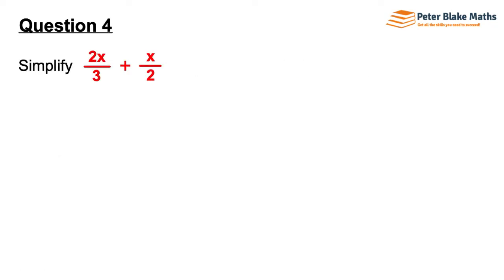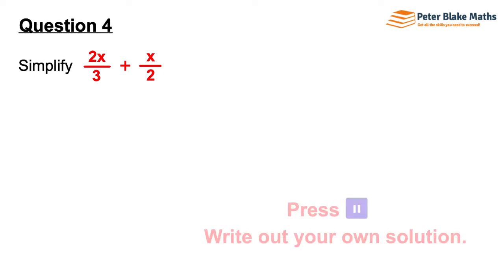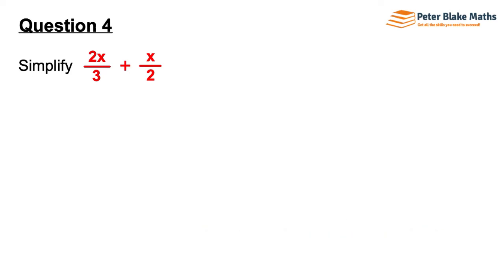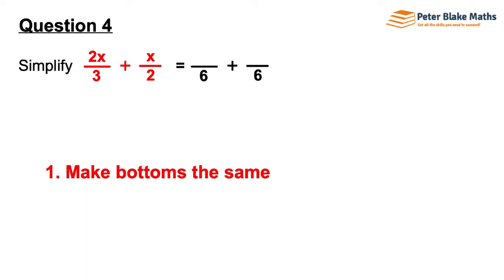Question 4. Simplify 2x over 3 plus x over 2. So when we're adding or subtracting fractions, we want to get the same bottoms happening, the same denominators. So we'll do that first.